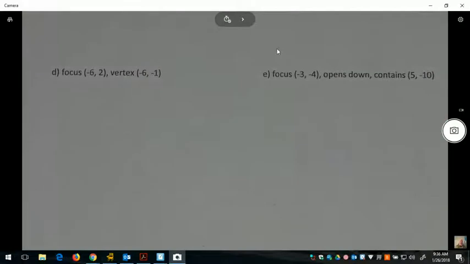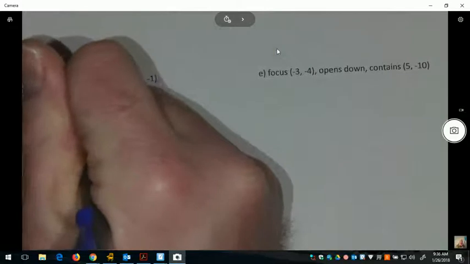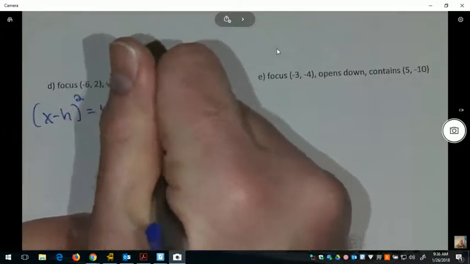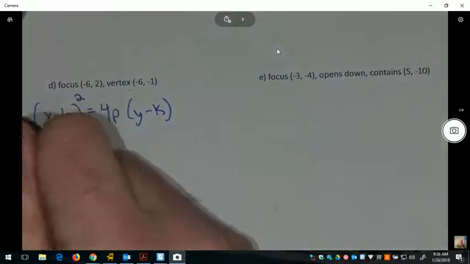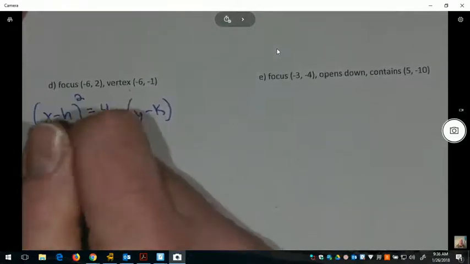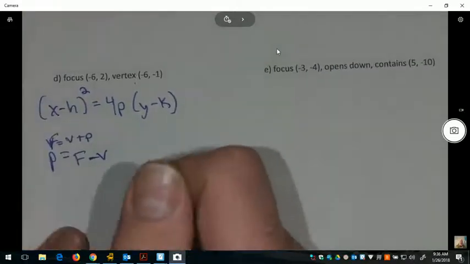So for letter D, you guys said it's going to be the x coordinate that's squared because it's the y coordinate that changes. Some of you even plotted the points for the vertex and focus to see that. The value of p can be calculated since focus equals vertex plus p, so p can be calculated by focus minus vertex. And what is that?